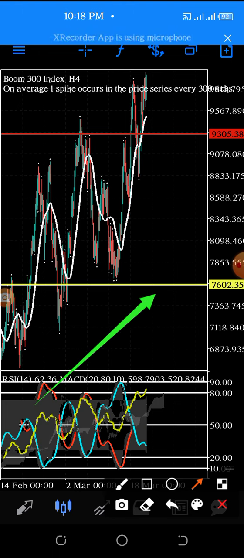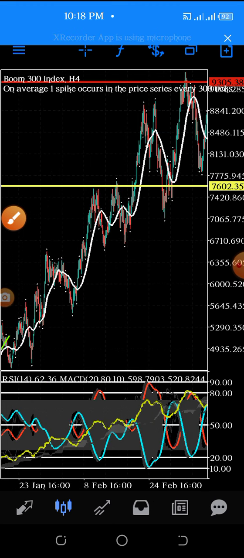Good. Then this red line here, now, this red line I drew here is called what? Can you remember? Okay. If you can remember, good. Yes, I know you can remember. It's called resistance zone or resistance level. This line now, up. Okay. Then that's it.